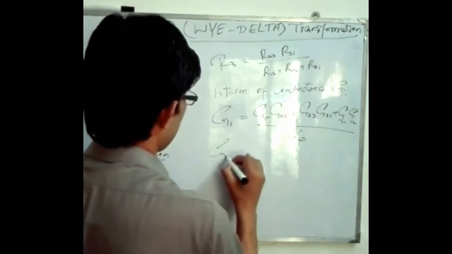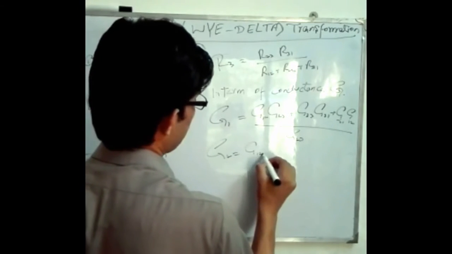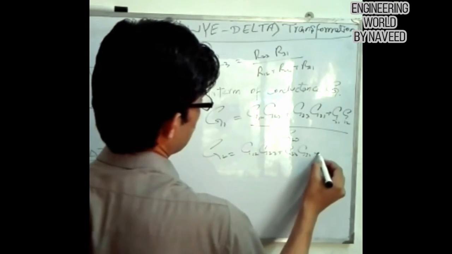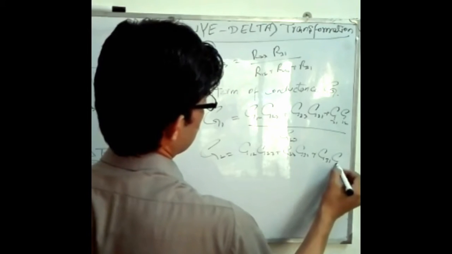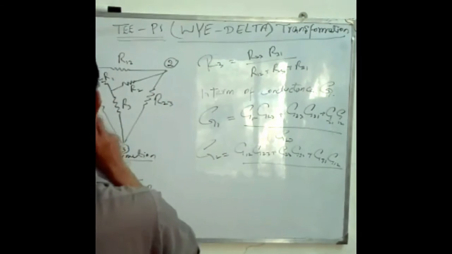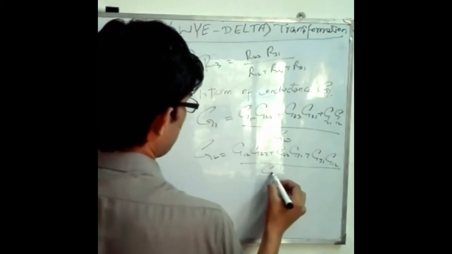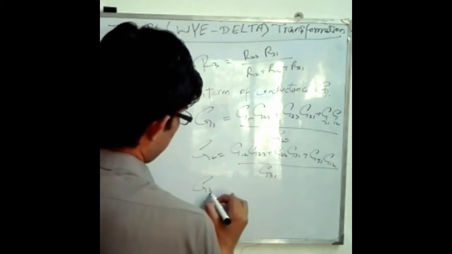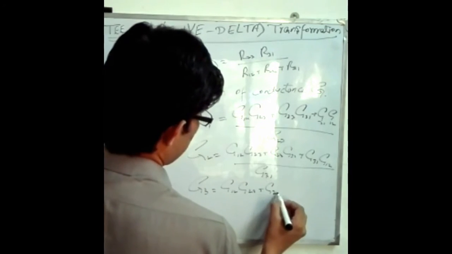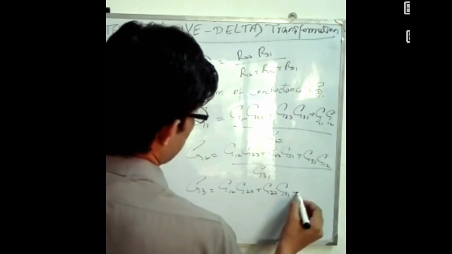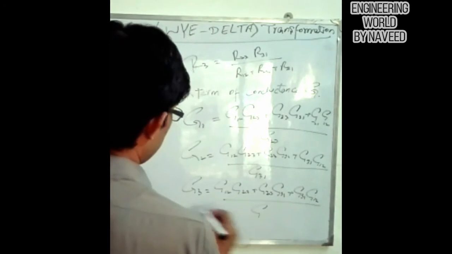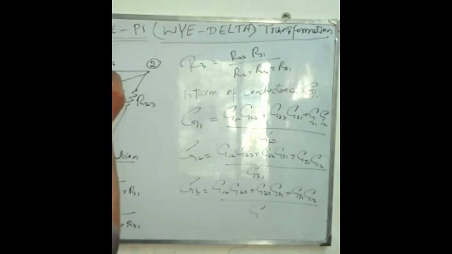Similarly, your G2 will be equal to G12 G23 plus G23 G31 plus G31 G12 divided by G2, and this is perpendicular to G31. Similarly, your G3 will be equal to G12 G23 plus G23 G31 plus G31 G12 divided by G3, which is perpendicular to G12.